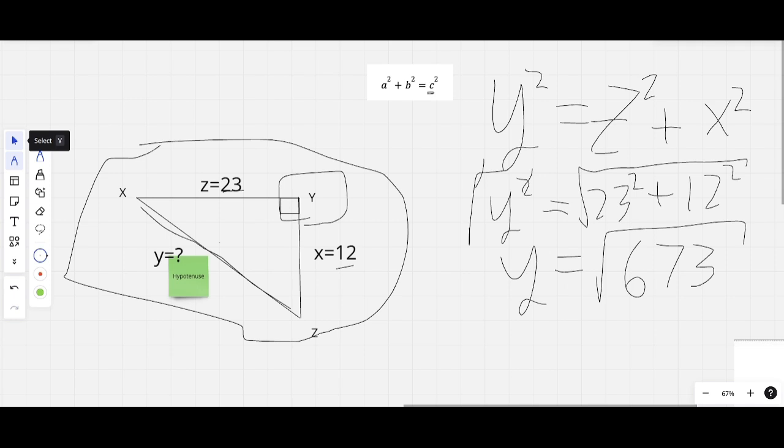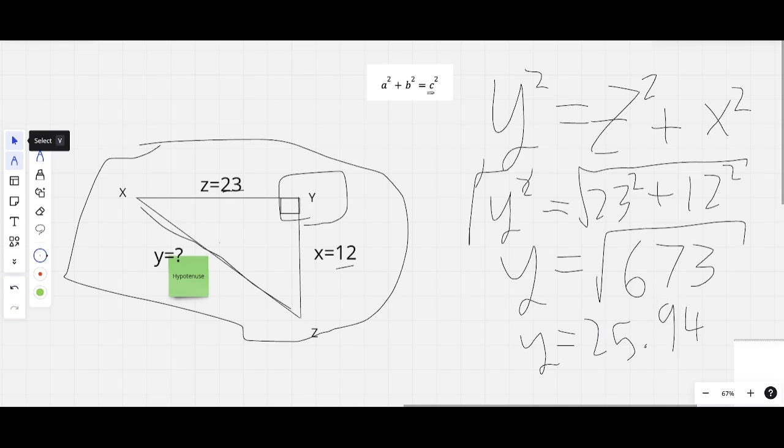This essentially means that there are no decimal points. However, if your teacher would want decimal points, then you would simply just square root 673, which gives us 25.94.